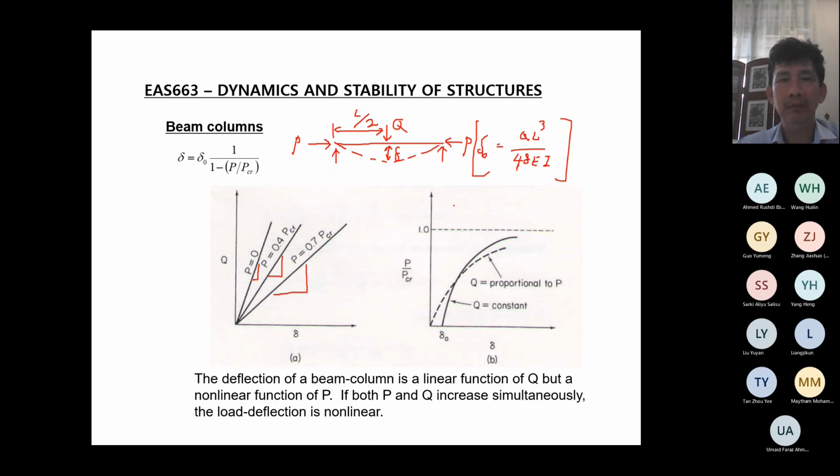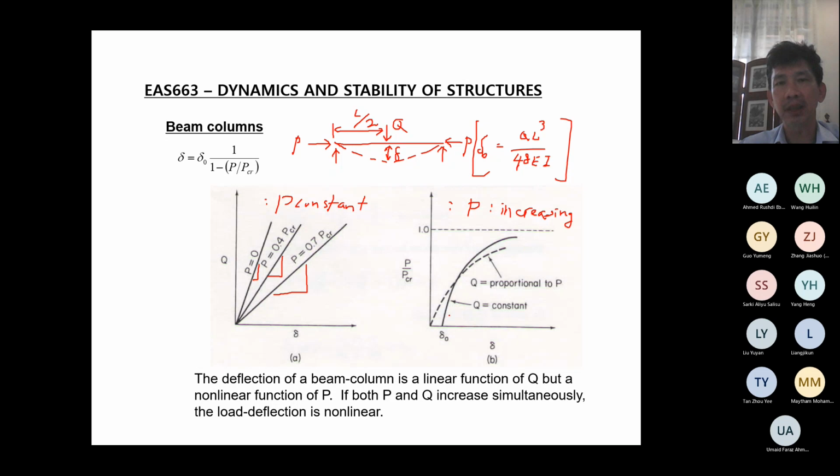So here, the main thing is P is increasing, changing. Here, P is constant, Q changing. Here, P is increasing, Q can be constant or changing, but P is increasing.